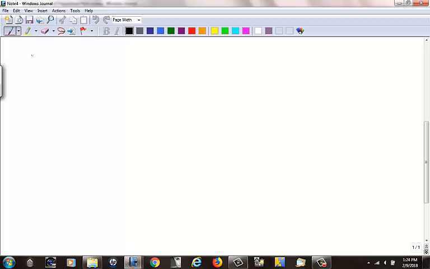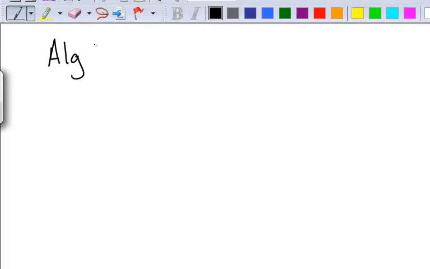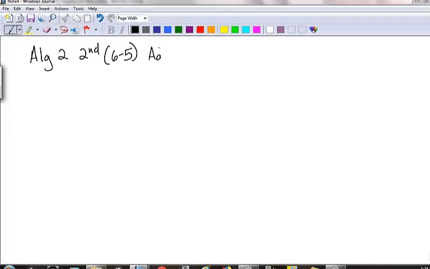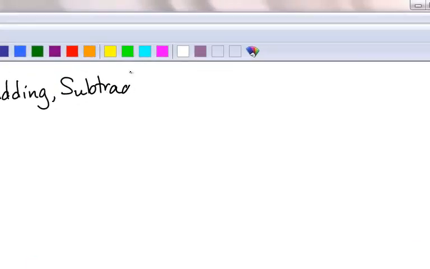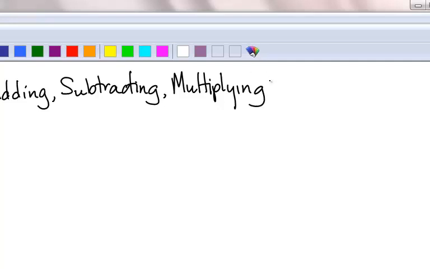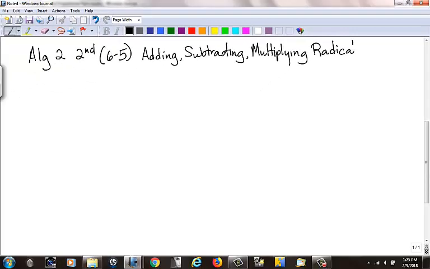Okay, so this is for the second day on 6.5, and we've been talking about operations. This is on adding, subtracting, multiplying radicals, and the division is actually rationalizing the denominators.